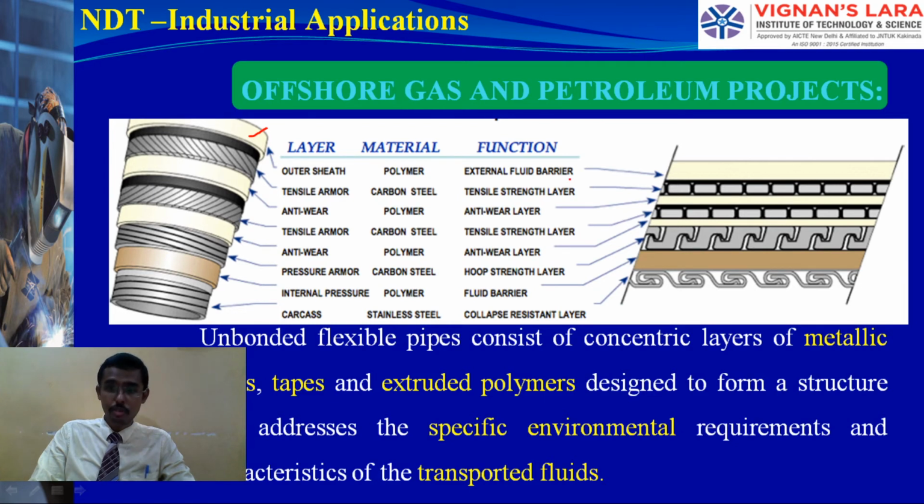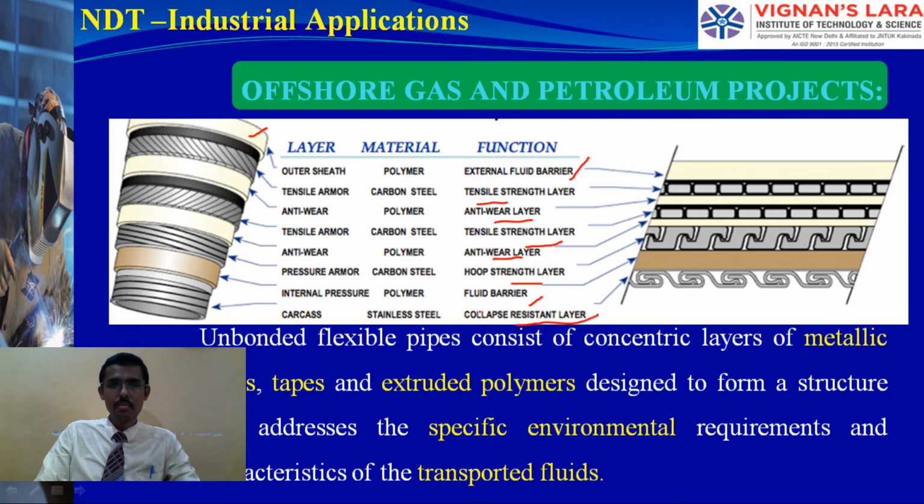External fluid barrier, a tensile strength layer, anti-wear layer, a tensile strength layer again, one more anti-wear layer, double layers giving protection, a hoop strength layer, then one more fluid barrier, and lastly a collapse resistant layer.